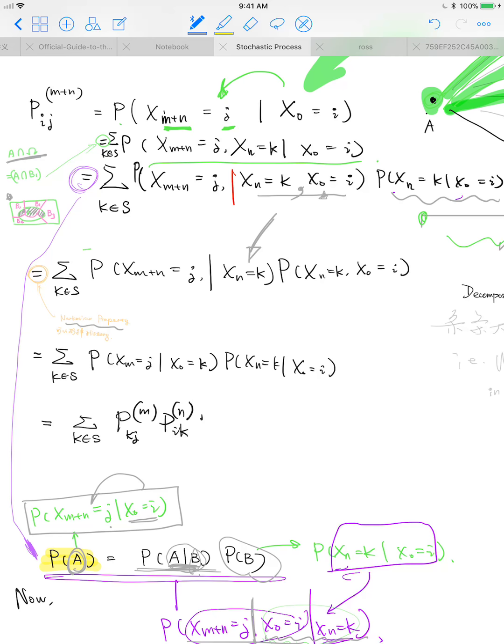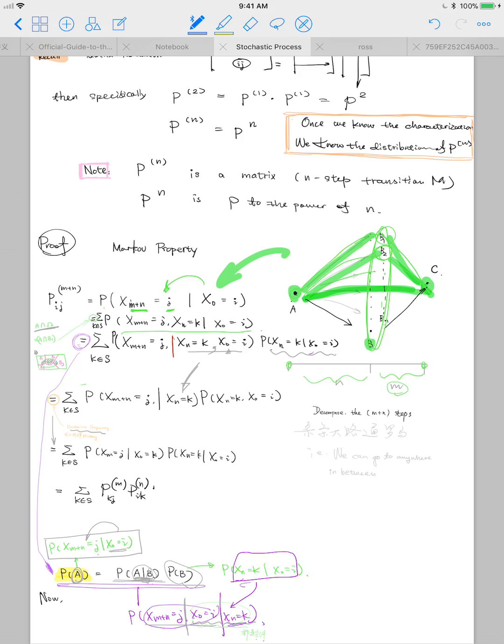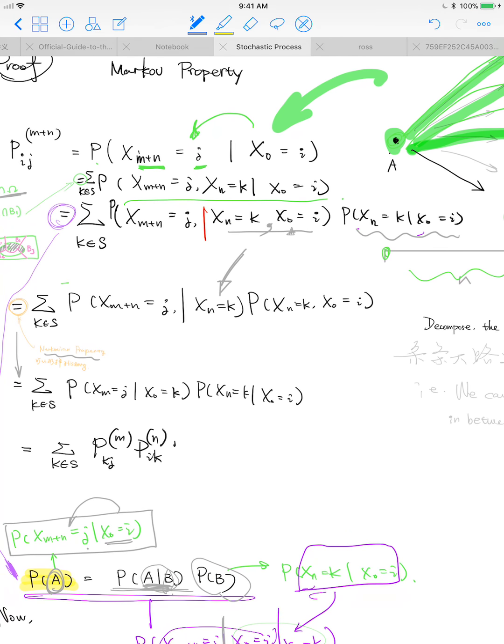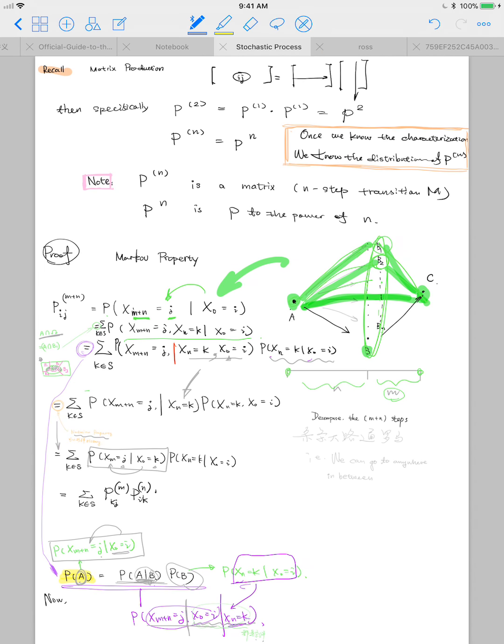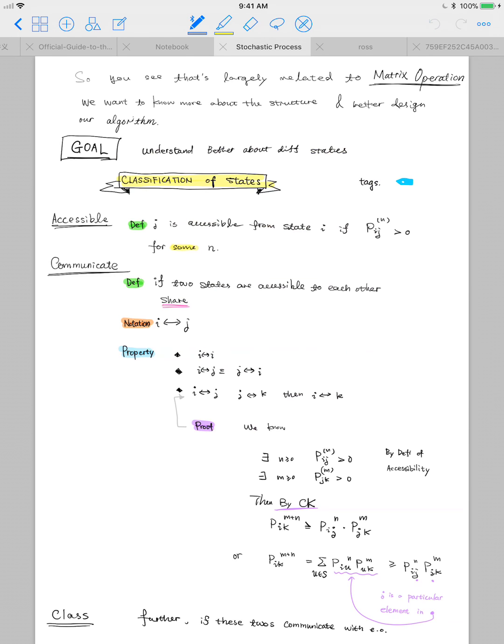And then from this one to here, we apply the time homogeneous property mentioned in the last slides. And this first probability is simply the m-step transition probability from state k to state j. So we complete the proof.